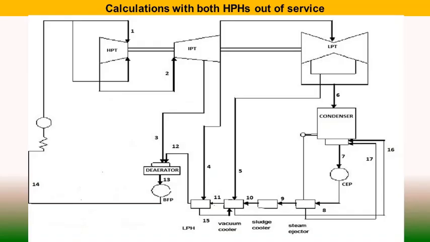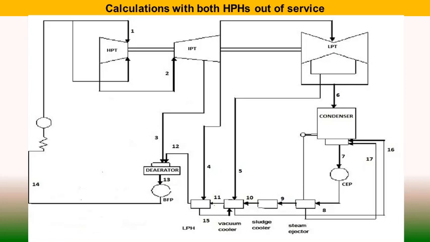Now let us try to analyze the system when both the HP heaters are out of service and we want to run the unit at 75 megawatt at maximum continuous rating without the availability of HP heaters. So in that case all LP heaters are available.